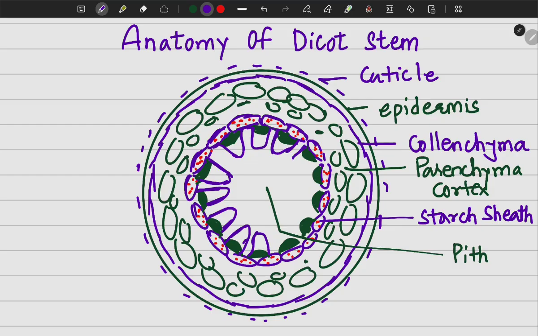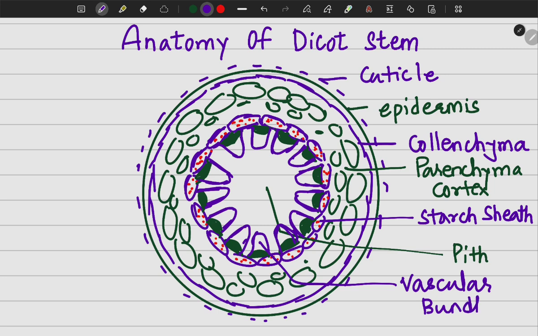So this ring arrangement of vascular bundles is a characteristic feature of dicot stem. Alright, so these vascular bundles will be arranged in the form of a ring, and since this is a dicot stem, the vascular bundles are conjoined. That means xylem and phloem are present together in a bundle.